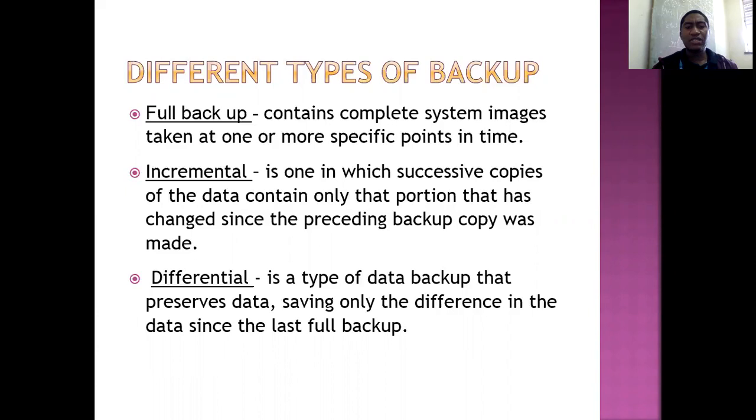Then we have what we call the differential. This is the type of backup that preserves data, saving only the differences in the data since the last backup. With the differential, your system is going to identify what is new and what is old, then it saves the new information.